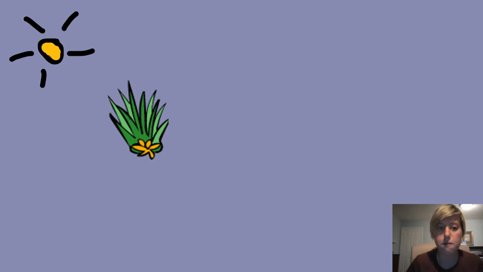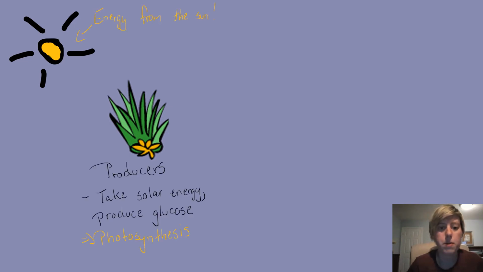In photosynthesis, it's taking solar energy and converting it into food. Because our producer is the first organism on our food chain, it would be our first level, because when you have food chains, the number of organisms in your food chain determines what level it is. So our producers are the basic. All food chains need to start with our producers.